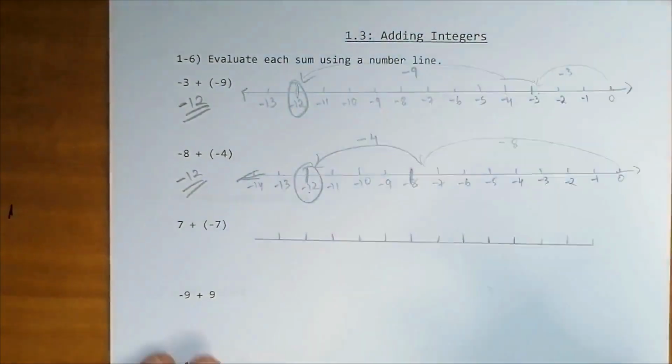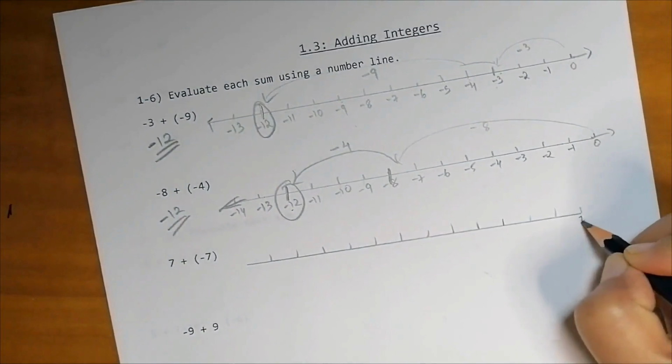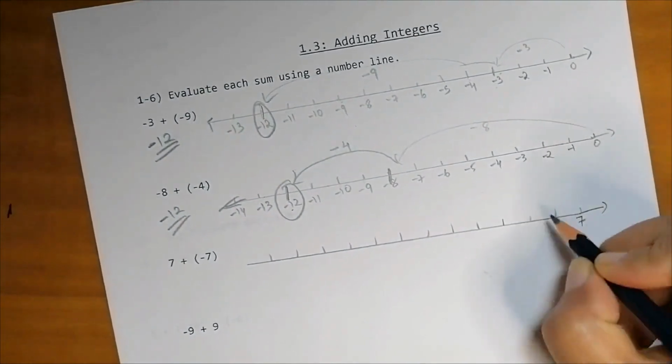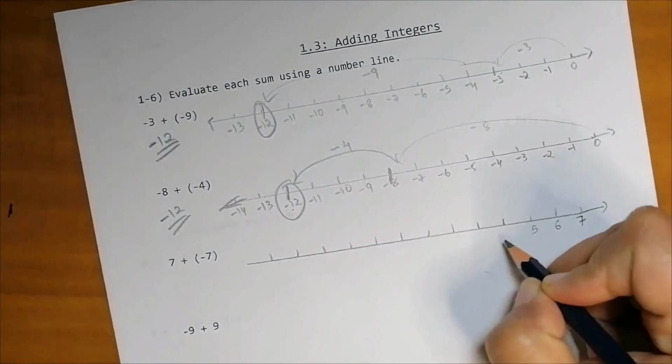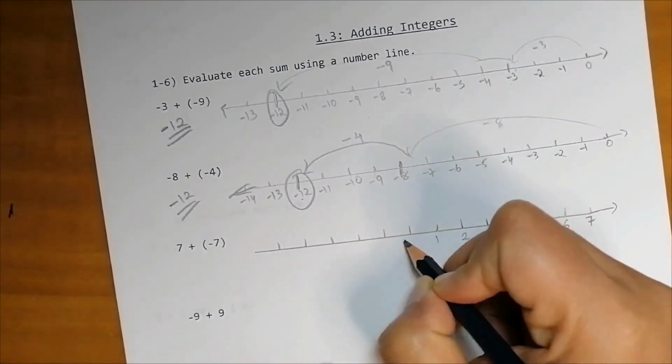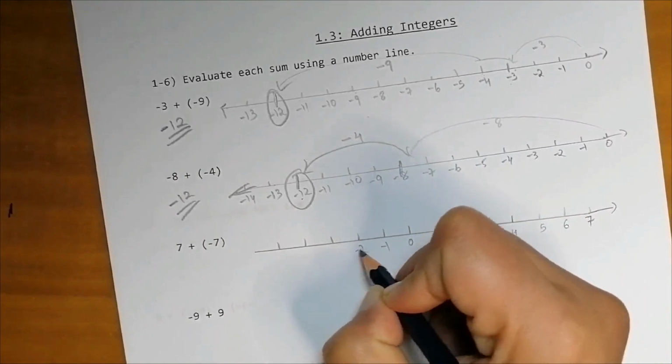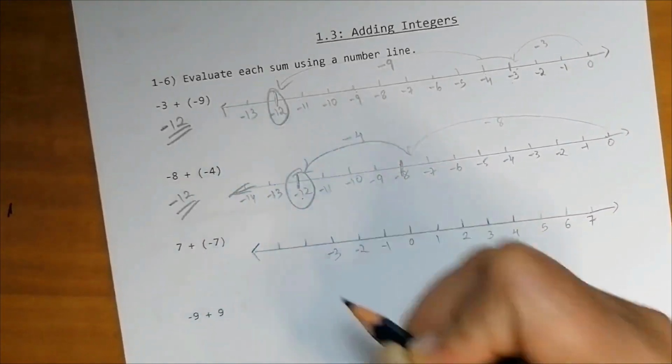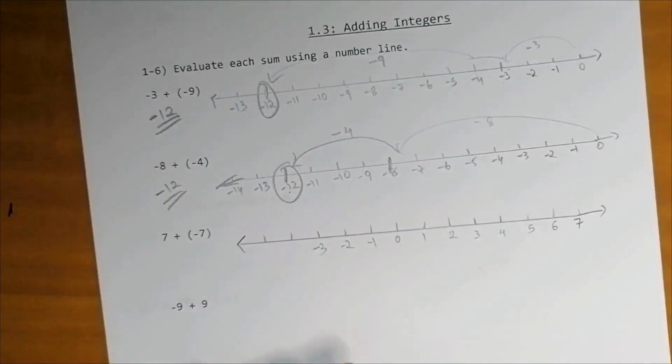Let's say this is 7, where we are going to start. Write the descending numbers: here we are 0, minus 1, minus 2, minus 3, and likewise. You can figure it out.